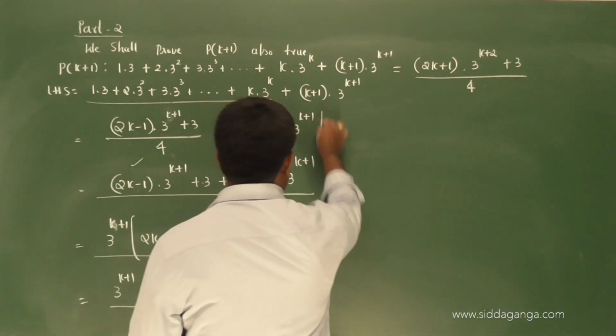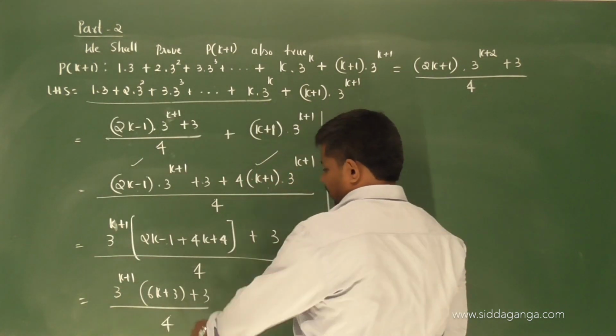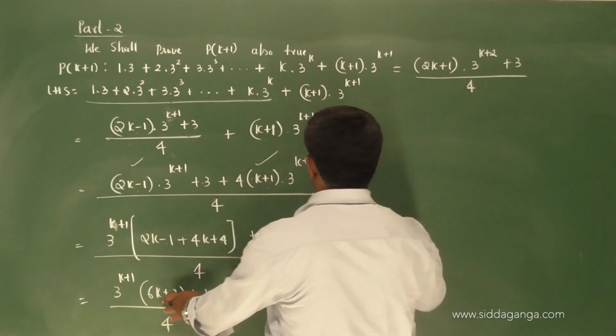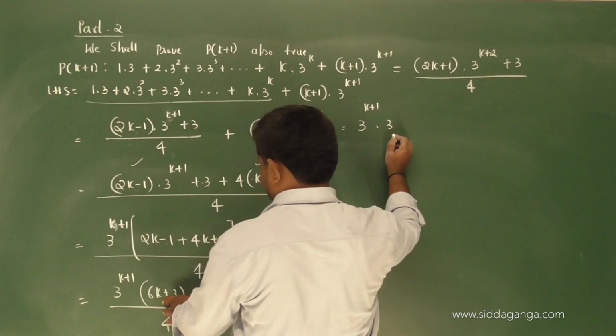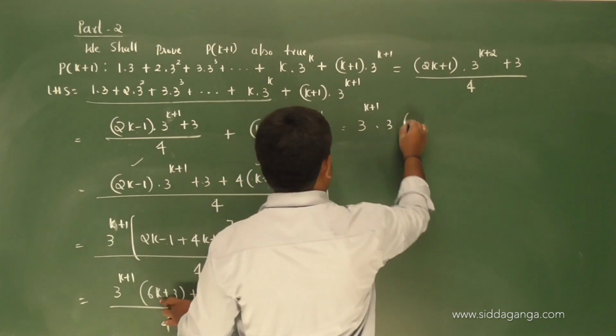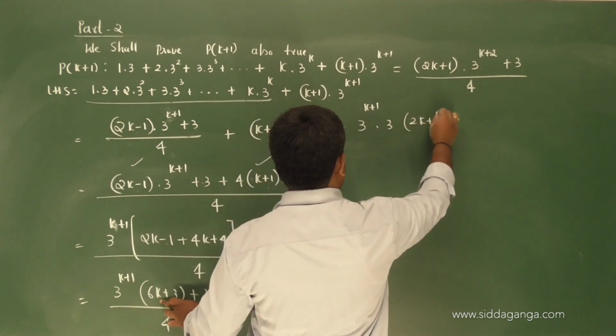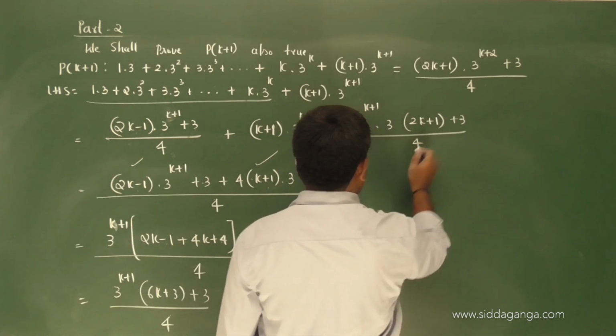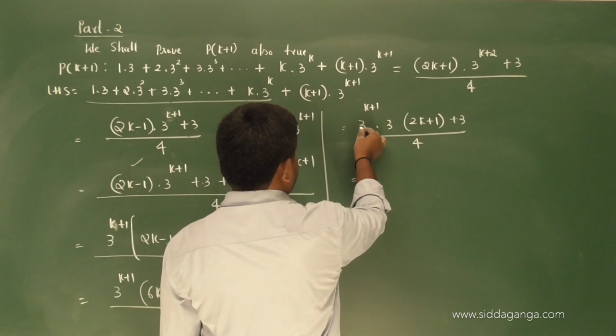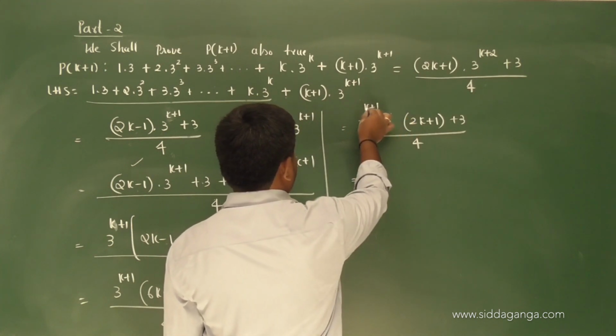Now here I can take a 3 outside, so you get what? 3 power of k plus 1 into 3. What is remained when you take 3 outside? You get 2k plus 1 plus 3 by 4. So you get the answer now. 3 power of k plus 1 into 3 power of 1, 3 power of k plus 1 plus 1.